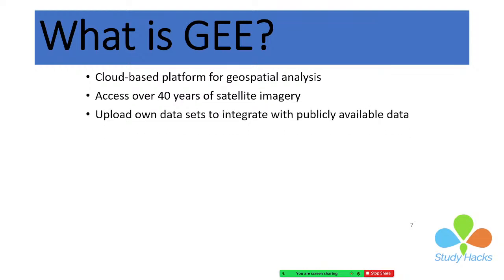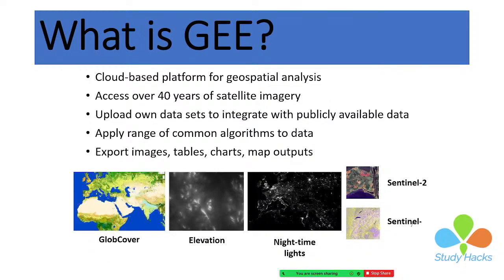Then if you have your own data, suppose in your local storage, we can also import or upload this data into the Google Earth Engine platform and work with it. And we can use different types of algorithms on our data and easily get the result. And this result can be an image, a table, a chart, or a map. We can easily get the output using our Google Earth Engine platform.